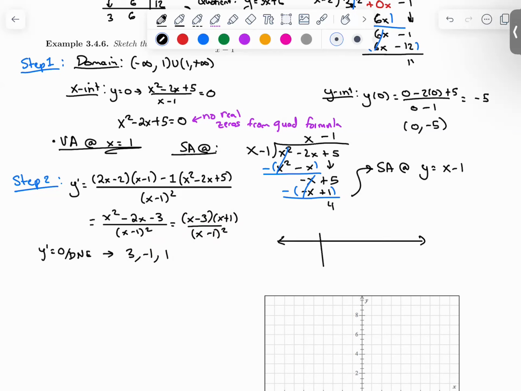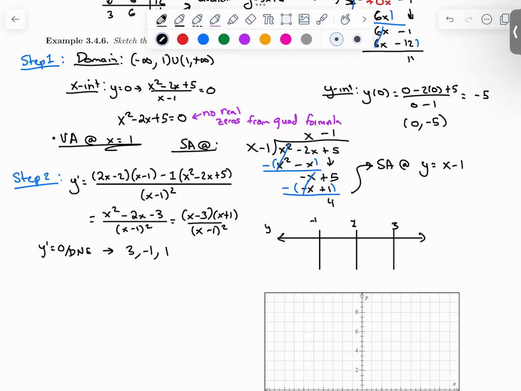So it's -1, +1, and 3. And do y prime up top, x down bottom, x equals -2, x equals 0, x equals 2, and x equals 4 should be sufficient.